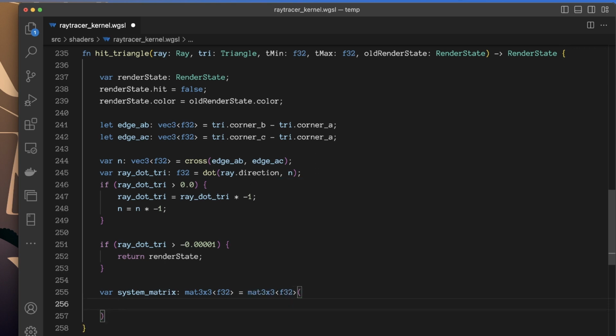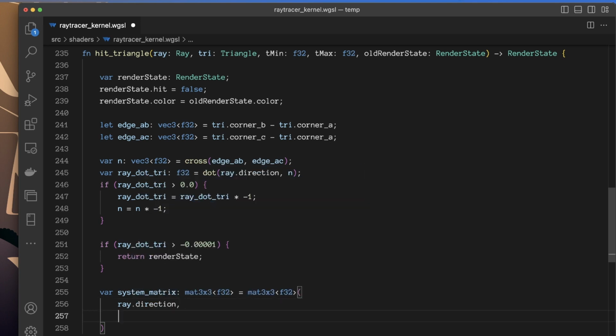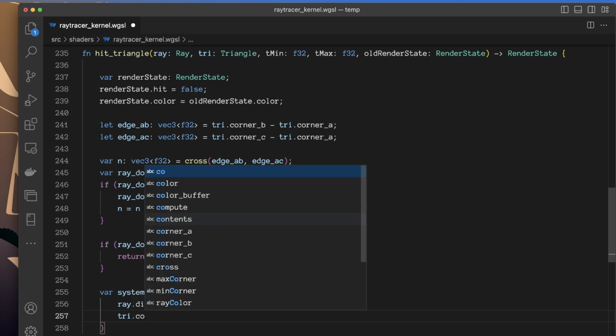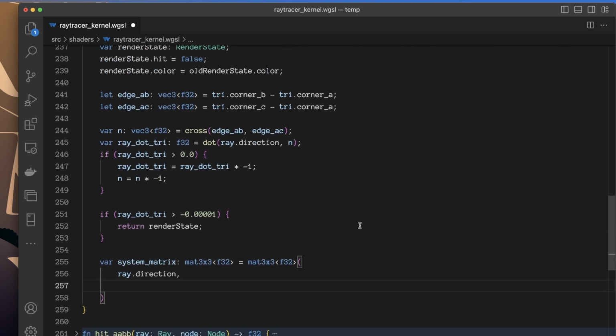I'll use a constructor here where, remember before I was talking about the matrix in terms of columns? Well, in WebGPU, matrices are column major order. So I'll just pass in the 3 column vectors. That's the ray direction. And then, actually, I just realized, just looking at my notes here, let's go minus.